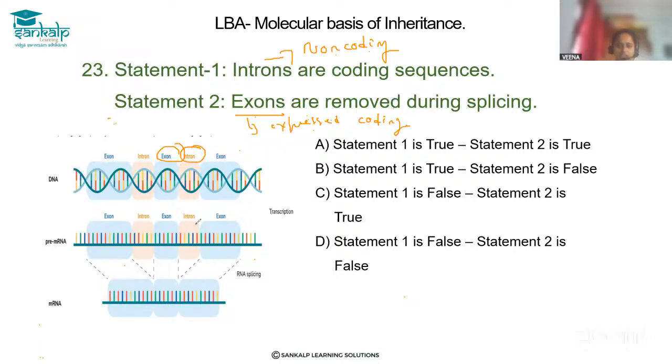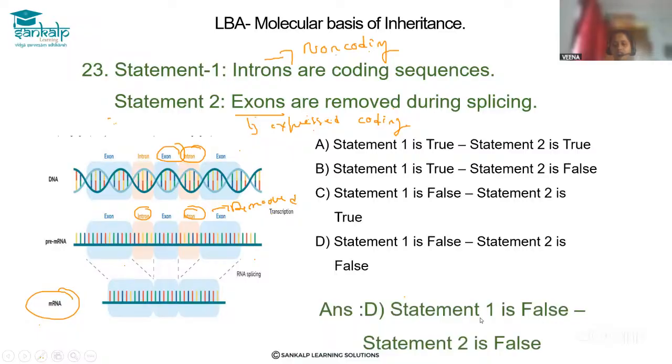Introns are removed and exons are spliced to get mRNA. So both statements 1 and 2 are false. The correct answer is option D. That means statement 1 is false and statement 2 is also false.